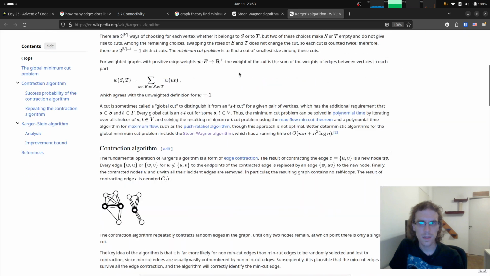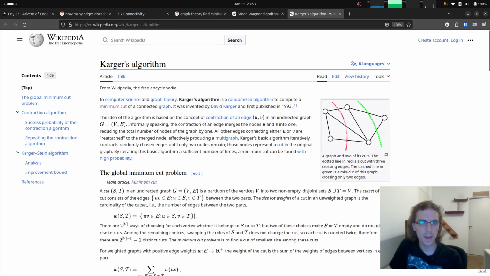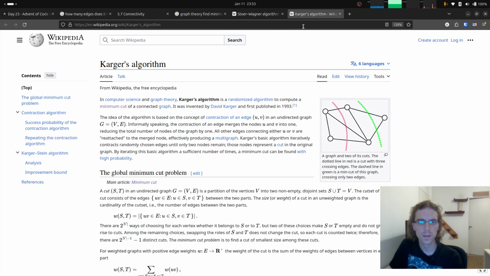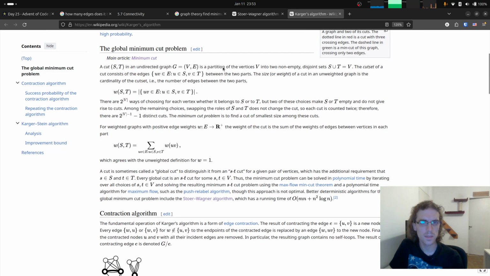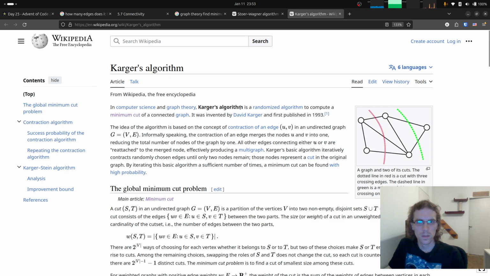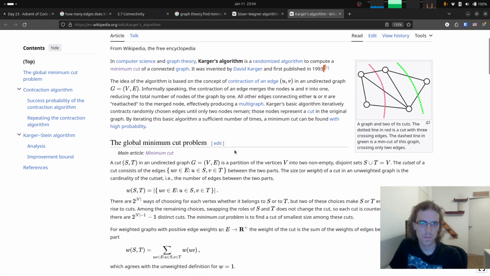So okay, I think I got the idea that Karger's algorithm was like a special case when the graph is unweighted. So maybe this is the simplest of the two, but we shall see. Randomized algorithm to compute the minimum cut of a connected graph. It was invented in 1993. Contraction of an edge.